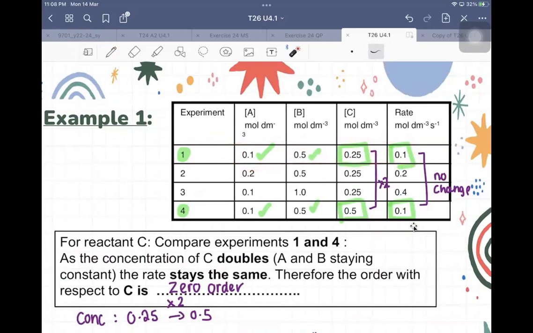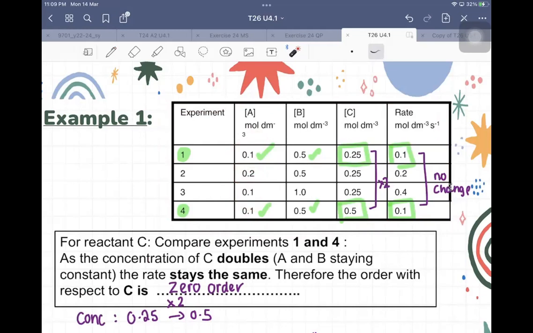Whether you use experiment 1, 2, 3 or 4, you will get the same rate constant because we assume that these different experiments are carried out at the same temperature and pressure. Initial concentrations do not have any effect on your rate constant. Only temperature will affect the value of your rate constant. So you can choose any one of the experiments that you would like to use.